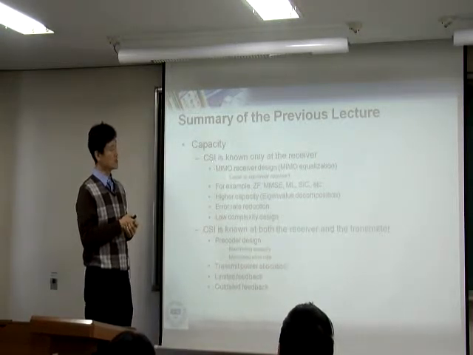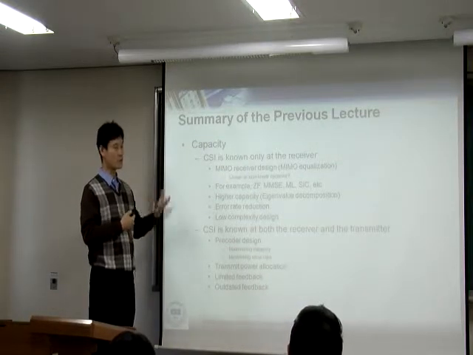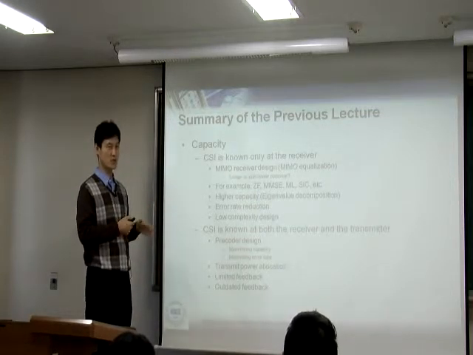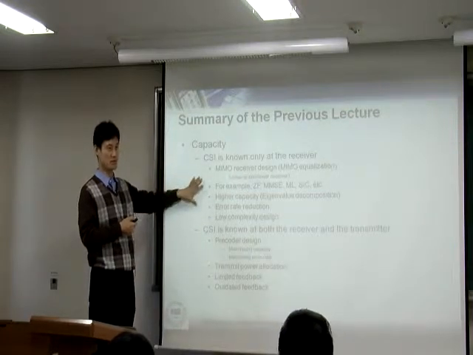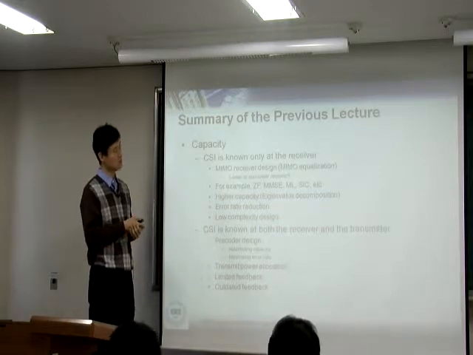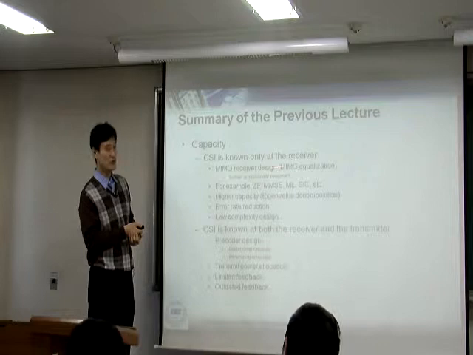Then you have to do your best only at the receiver in order to increase the capacity, because the transmitter has no knowledge and is not even involved. All these techniques are done in the receiver.